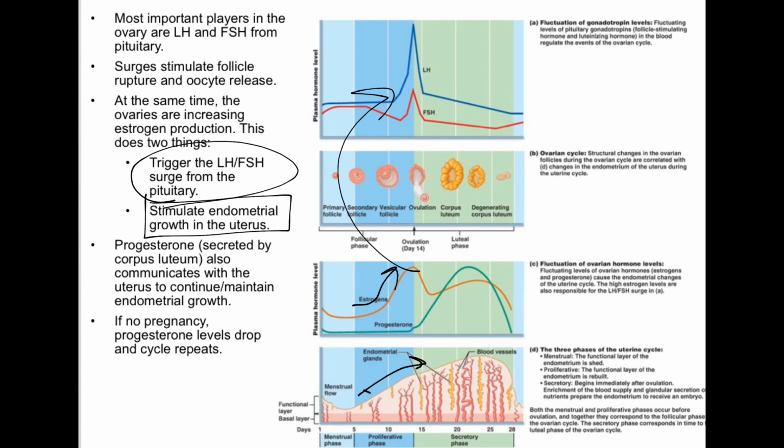LH and FSH are the triggers that cause ovulation. And so what you have is a coordinated response here. At the same time that estrogen is making the endometrium grow and thicken, it's also triggering ovulation at just the right time. That keeps things in sync so that ovulation happens just before the endometrium reaches its peak growth, because that's when you would like implantation to happen.